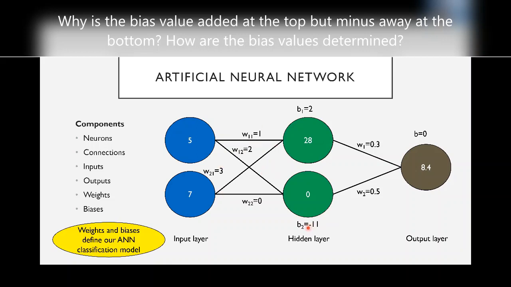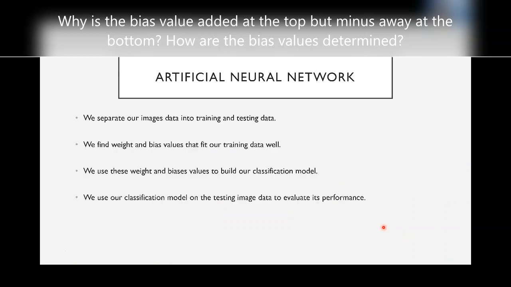So I can see, given this combination of weights and bias values, how good were my predictions? And if I change to a different set of weights and bias values, how good were the predictions? Based on those 60,000 images, I would then be able to find a set of weight and bias values that seem to do the classification well. Okay, and so those are the weights and bias values I'm going to use to build my classification model.